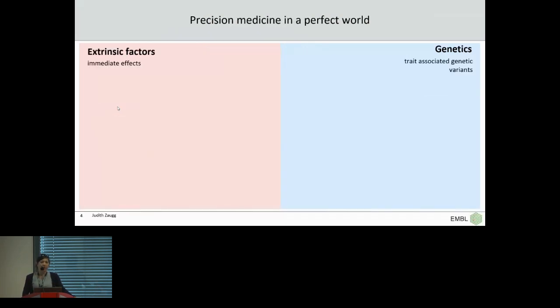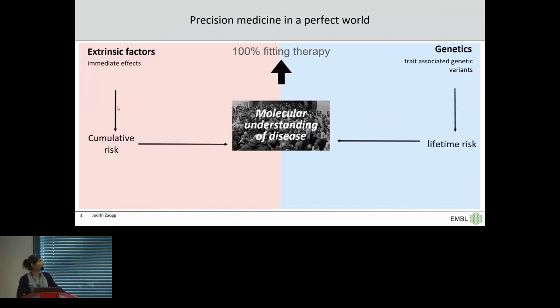Now, why does this matter? I'm just going to go here in a very idealistic world. If we have precision medicine in an idealistic world, if somebody would fall ill, we would get the genetic profile of that person, understand the lifetime risk or the propensity of that person to become ill with a certain disease. We would get all the extrinsic factors that the person has been exposed to, calculate some kind of cumulative risk, and get a molecular understanding of the disease, which would then help us to get 100% fitting therapy.